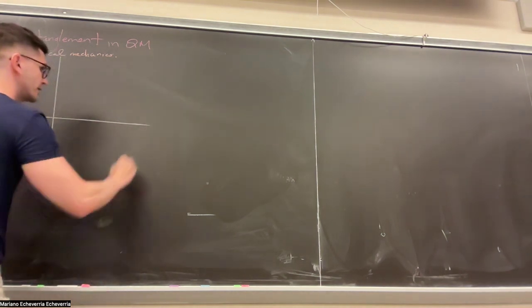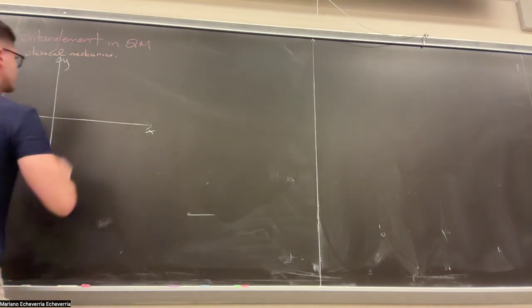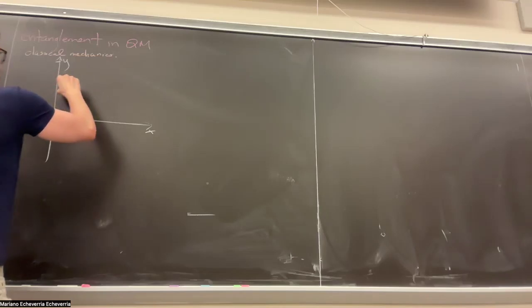So in classical mechanics, suppose now let's think of this as the actual plane. Let me put an X and Y here. Let's say you have a single particle. I'll put a one to say that's particle one. How would you describe that particle?